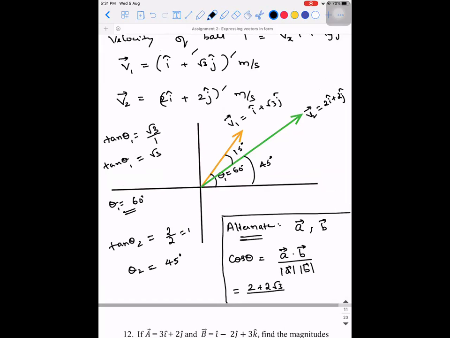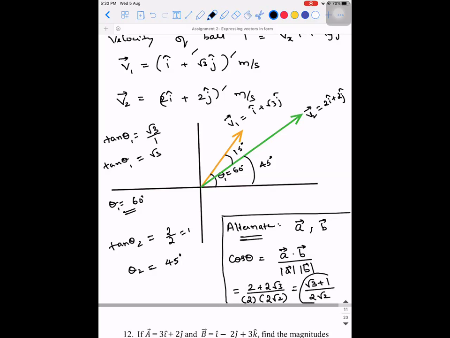It is 2 into magnitude of velocity 2 vector. Root 2. That's right. So what will you have? You will have root 3 plus 1 divided by 2 root 2.